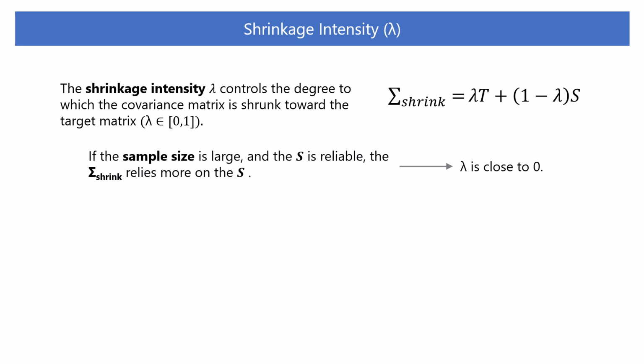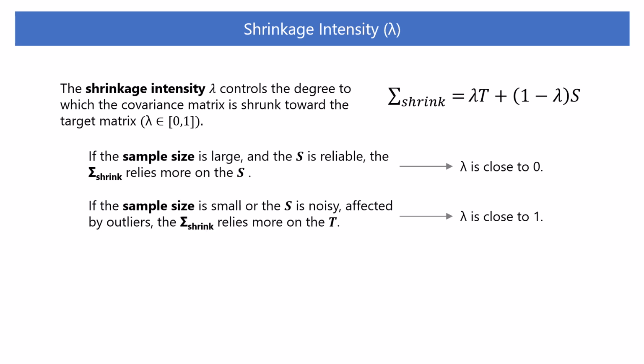In such cases, the value of shrinkage intensity is close to 0. If the sample size is small or the covariance matrix is noisy, that is, affected by outliers, the shrinkage estimator relies more on the target matrix. In such cases, the value of shrinkage intensity is close to 1.